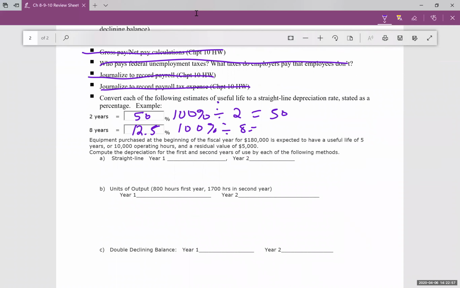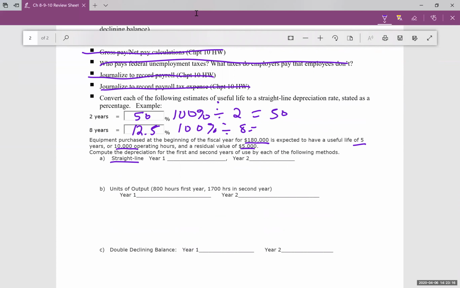This is our equipment one. Equipment purchased at the beginning of the fiscal year for $180,000 is expected to have a useful life of 5 years or 10,000 operating hours and a residual value of $5,000. Compute the depreciation for the first and second years using the following methods.